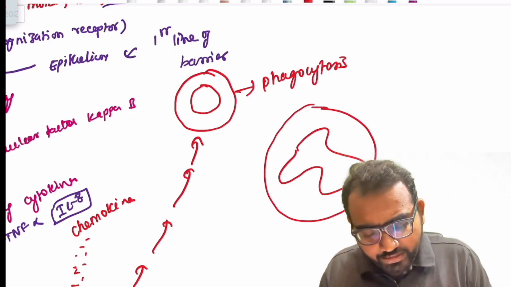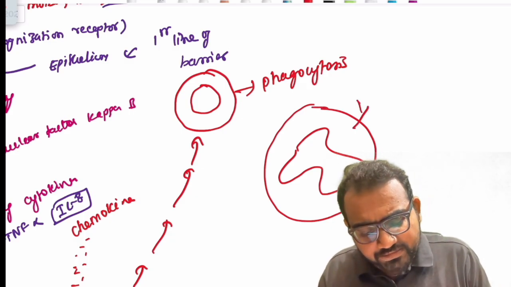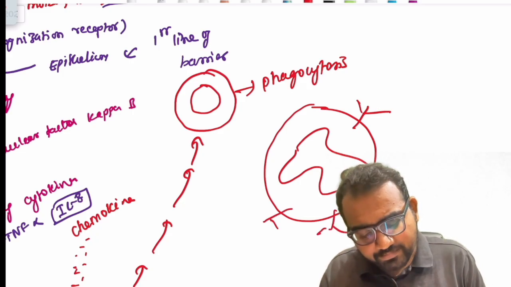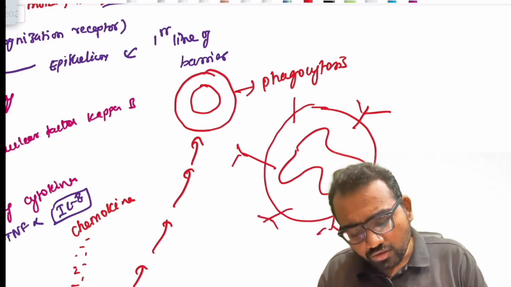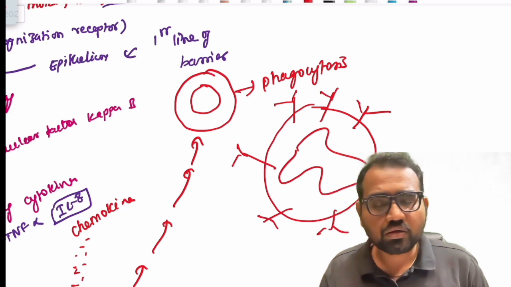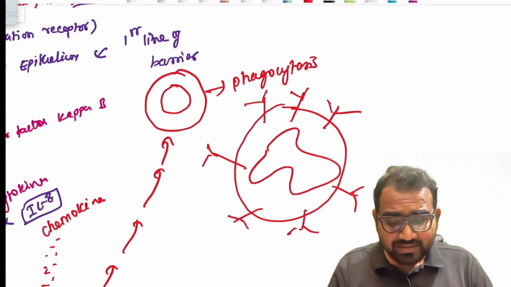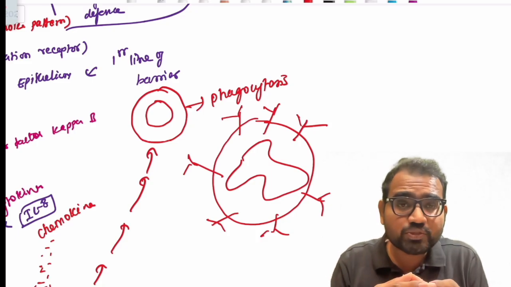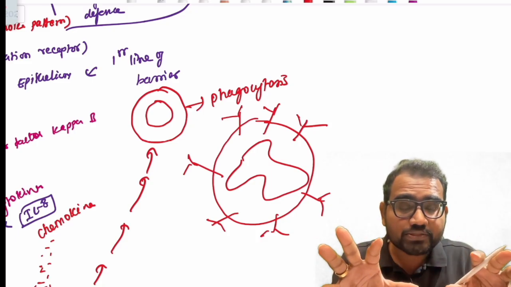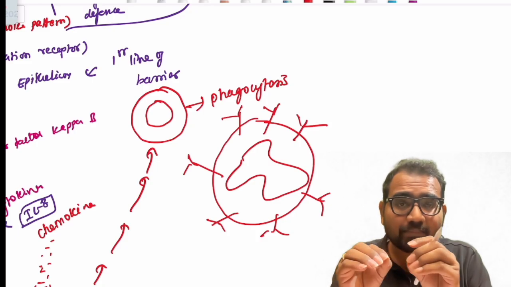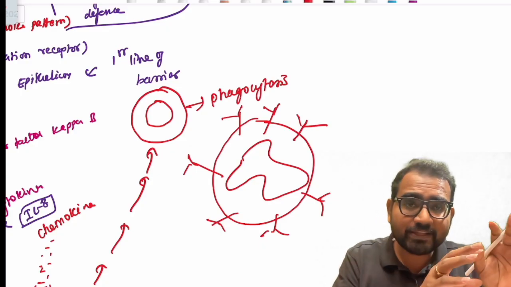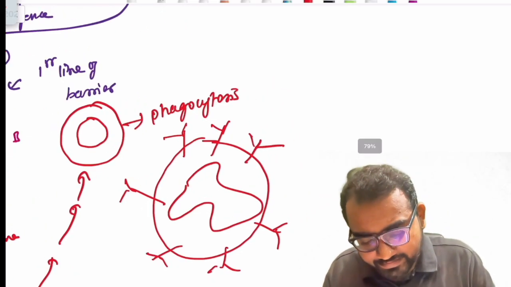What it will do is express these bacteria as fragments. These fragments expressed by the neutrophils, or in simple terms the bacteria expressed by the neutrophils, will be taken up by the dendritic cells.